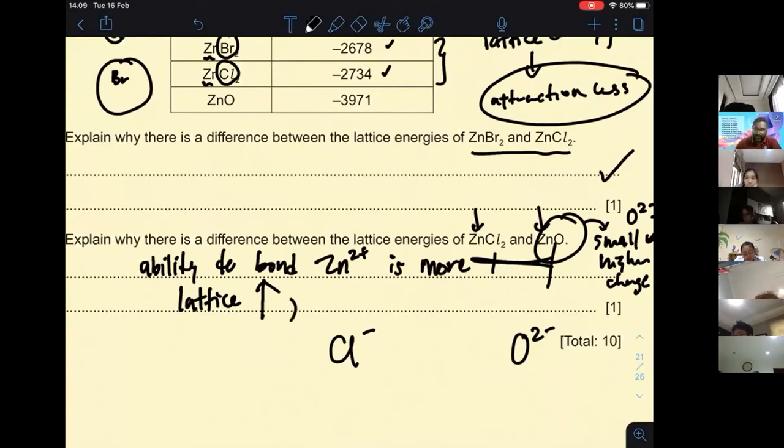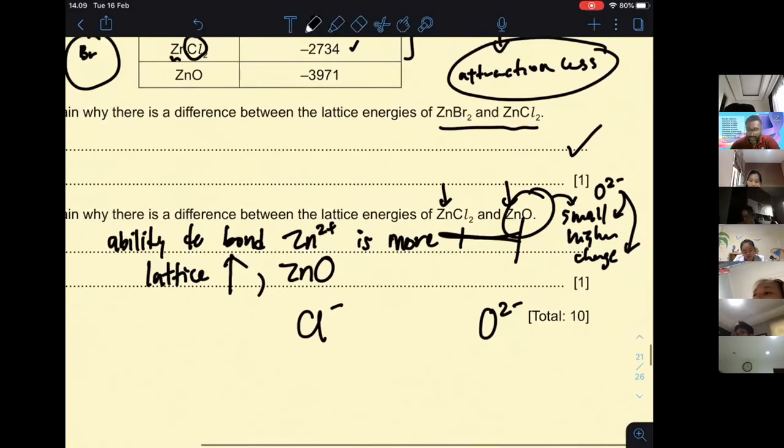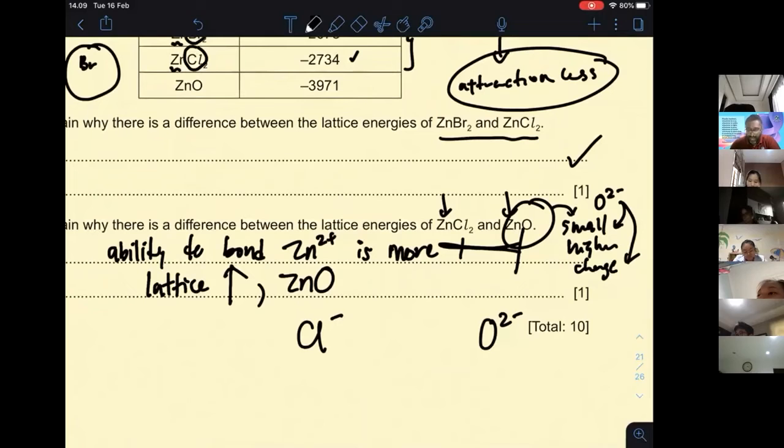The lattice energy is more for zinc oxide, because of the smaller O2 minus ion, and at the same time it has more charge. So the ability to bond is more, lattice energy is more, for zinc oxide. Please mention this small size and higher charge. That will give you 1 more mark.